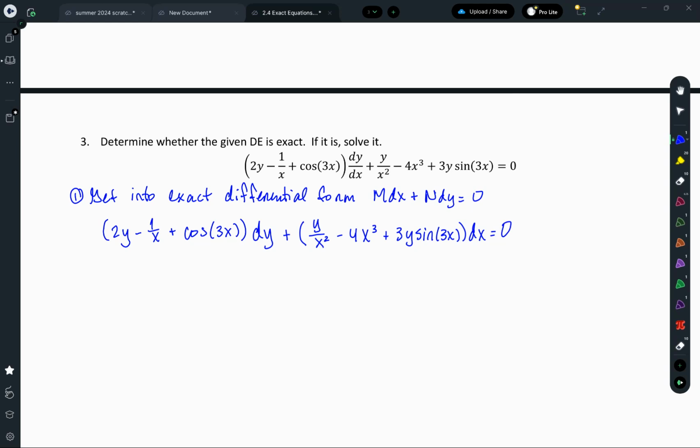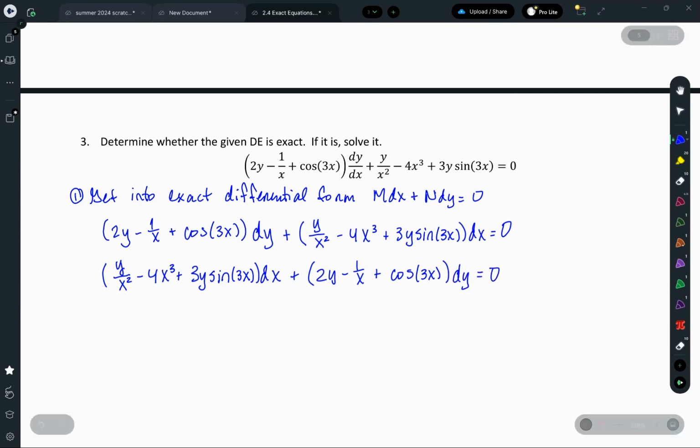is equal to 0. And now these, again, they're written in the wrong order. I need the dx term written first, so I'm going to swap the places. And when I rewrite in parentheses, I have y over x squared minus 4x cubed plus 3y sine of 3x all times dx plus, in parentheses, 2y minus 1 over x plus cosine of 3x all times dy is equal to 0.